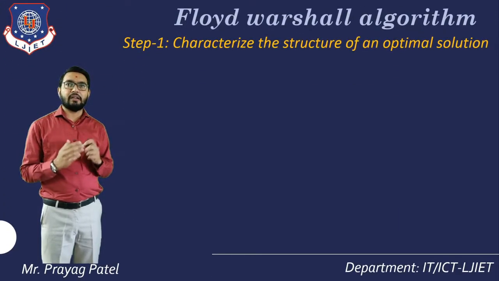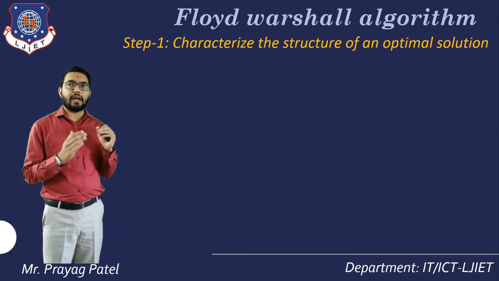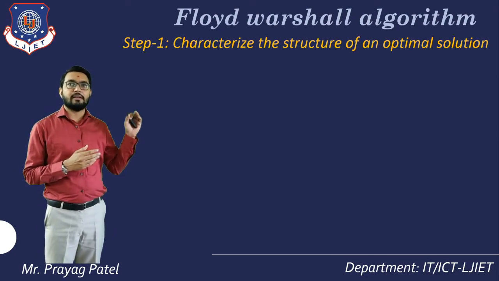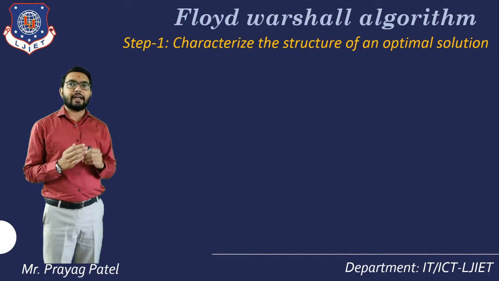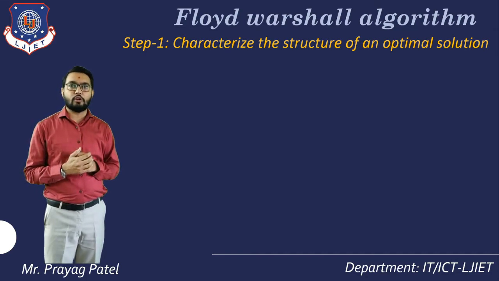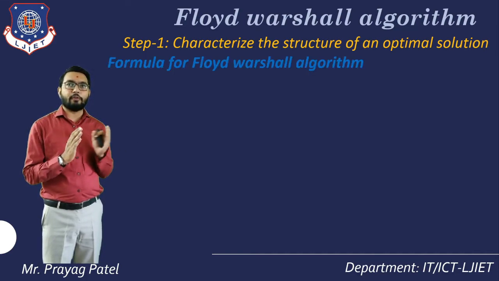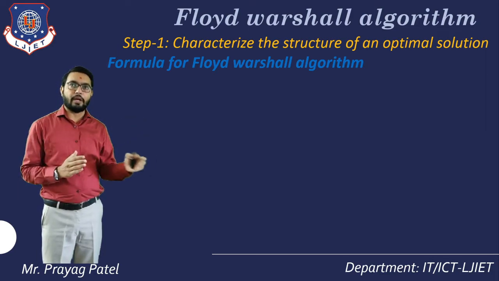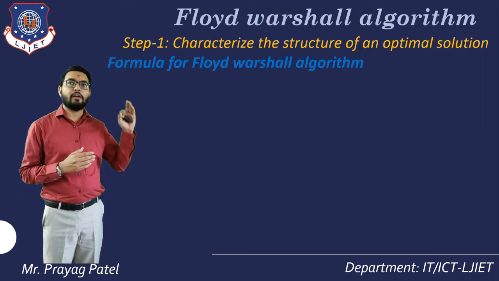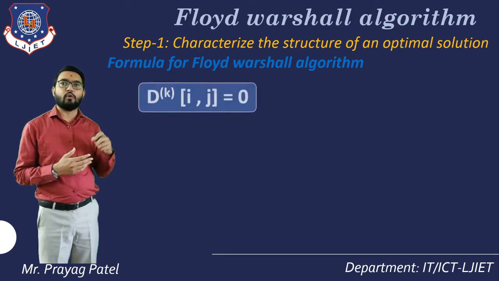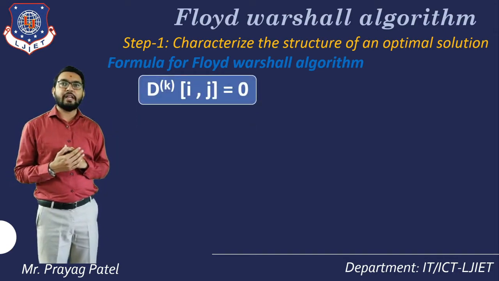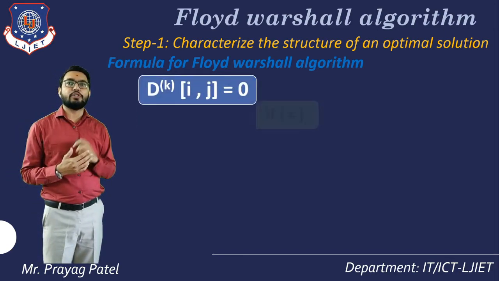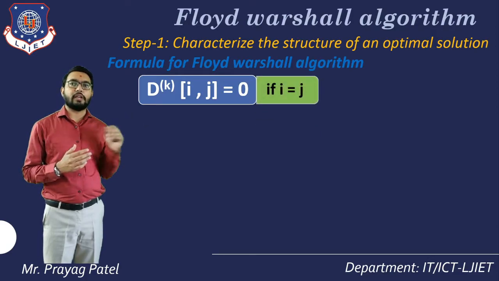Now the first step of the dynamic programming algorithm is step number 1, characterize the structure of an optimal solution. Means you can derive the formulas for your problem. Now consider the formulas for the Floyd Warshall algorithm. The first formula is d of k ij equals 0 if i equals j.